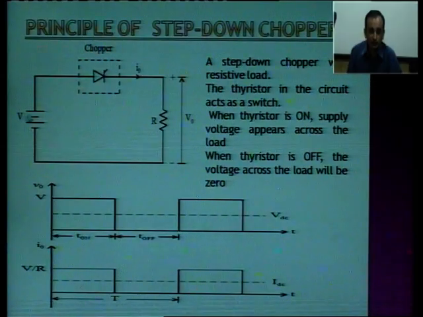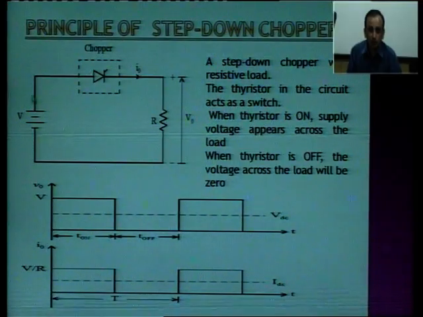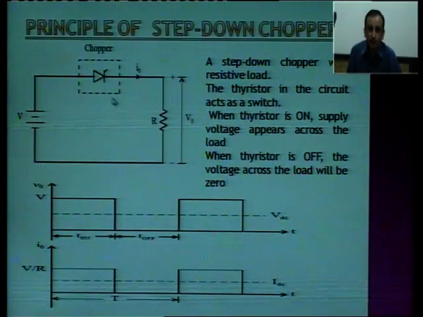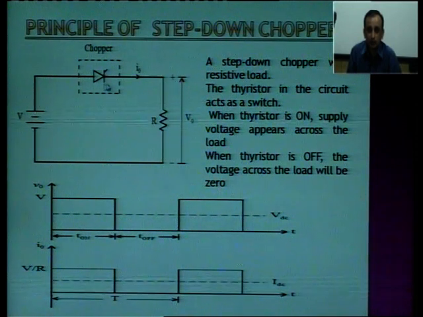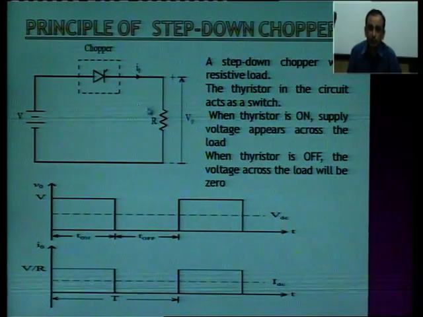So, the whole voltage is applied across your resistor, and you can see the voltage is available here. When it is turned off, it will not conduct, and the voltage across your resistor, your load, will be 0, because there is no current flowing through it. So, there cannot be any voltage drop across your load.